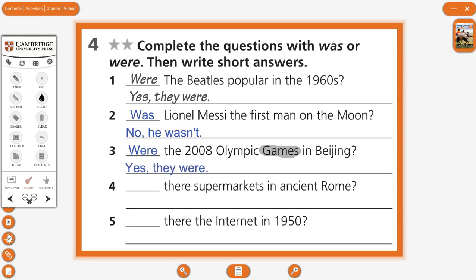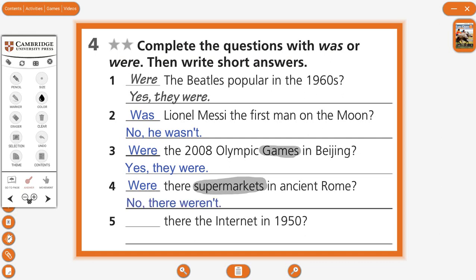Now look at number 4. Blah blah blah. There's supermarkets. Supermarket is plural form. Were there supermarkets in ancient Rome? Yes or no? Can you remember the reading text about ancient Rome? No, there weren't.